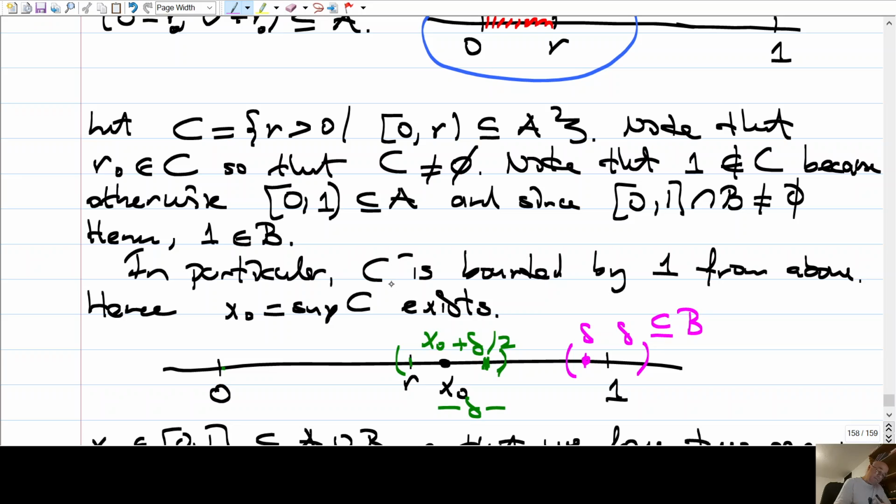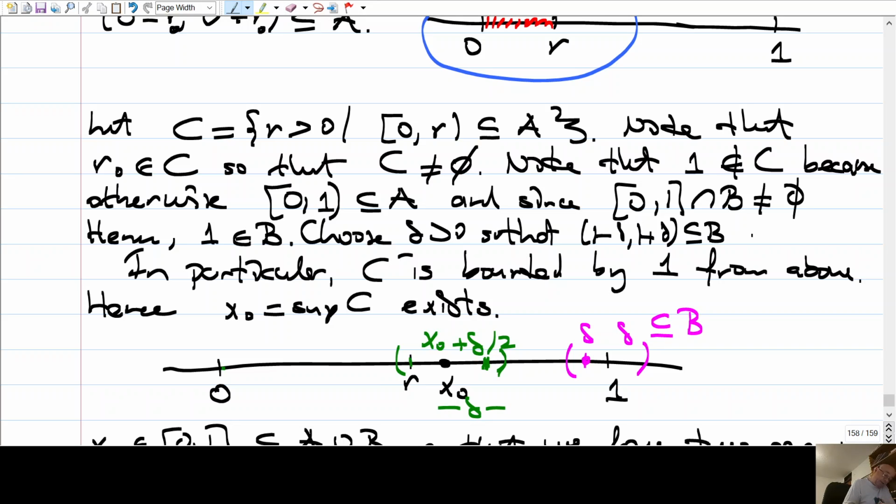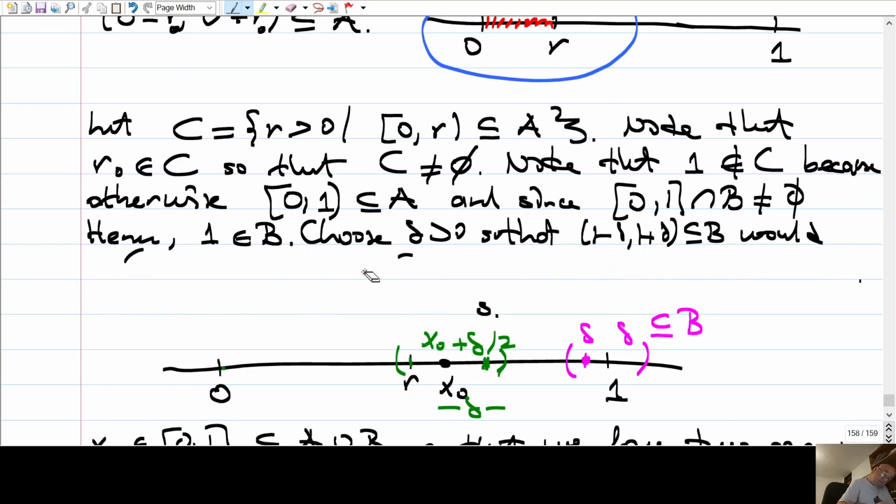I have to correct this part. Now choosing delta so that 1 minus delta, 1 plus delta in B would lead to a contradiction.